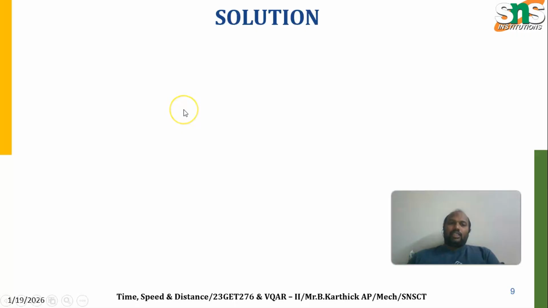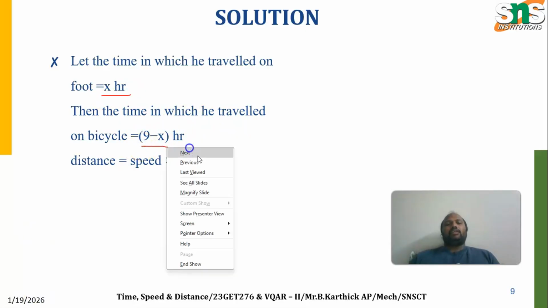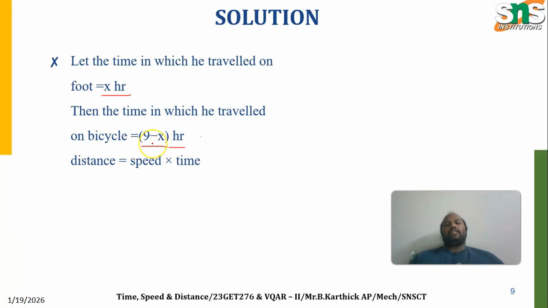So first, for traveling on foot, we take x hours. When he travels by bicycle, we take 9 minus x. In total it takes 9 hours to travel, as mentioned in the problem.